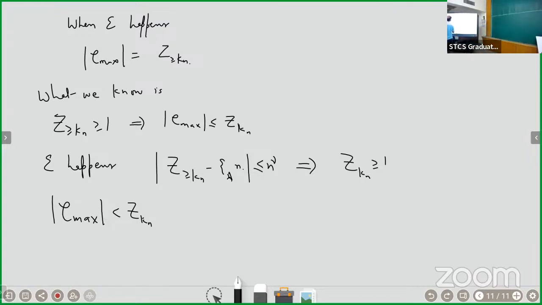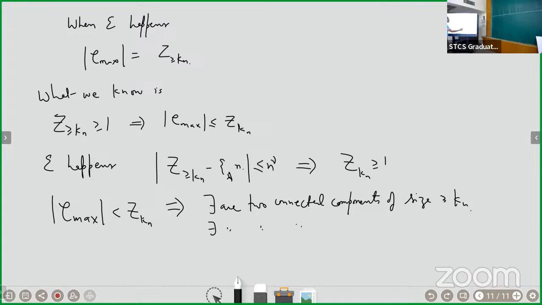So this implies that there are two connected components of size greater than or equal to Kn. But because of E, there is nothing in between K log n and alpha n. This implies that there are two connected components of size greater than alpha times n.